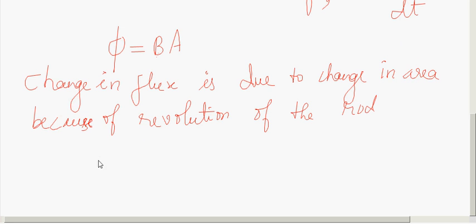Therefore d phi is B into dA. Now what is A? First we'll write down what A is.